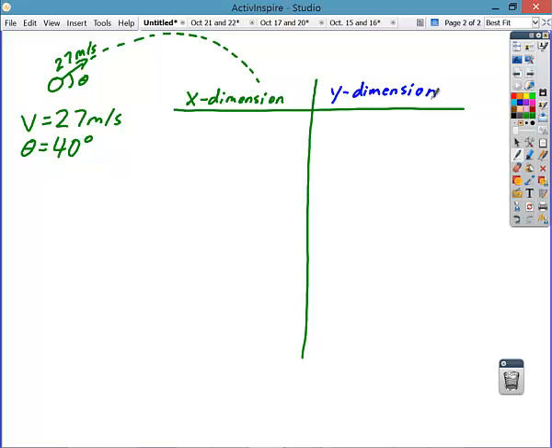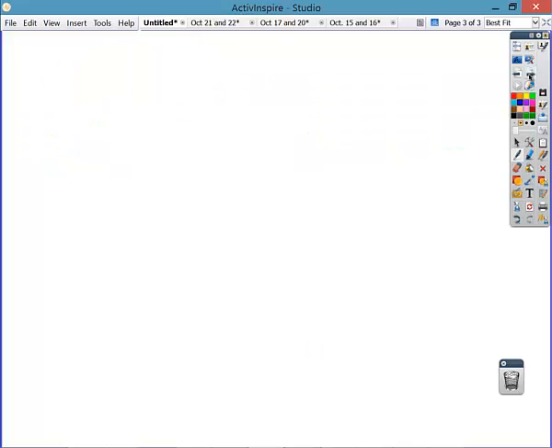Somewhere on your piece of paper, you need to write your equations. So I'm going to move it over to the next slide real quick. Somewhere on this piece of paper, you need to write these equations. Velocity in the x direction will be equal to velocity cosine theta. You just write it somewhere off to the side, wherever you have space.